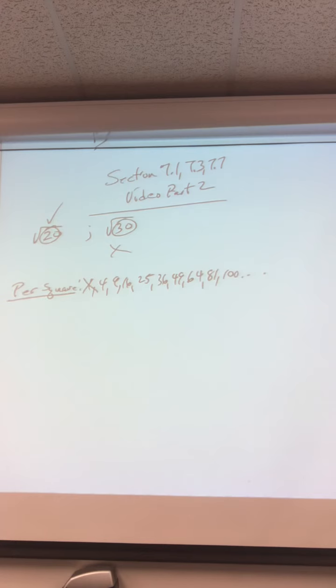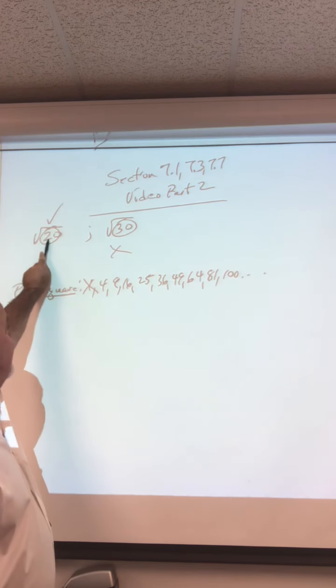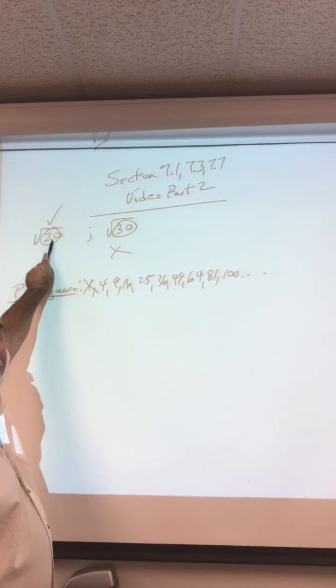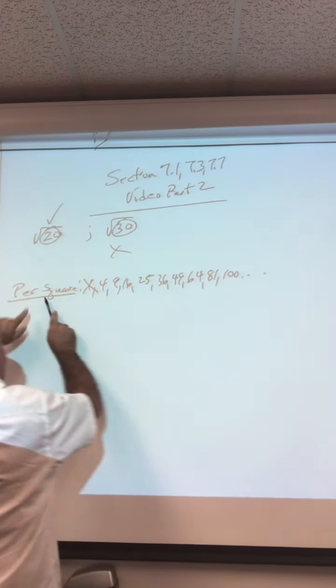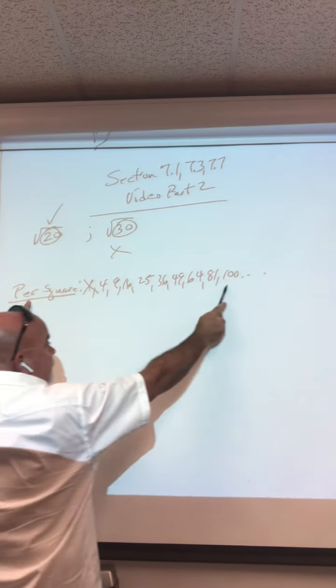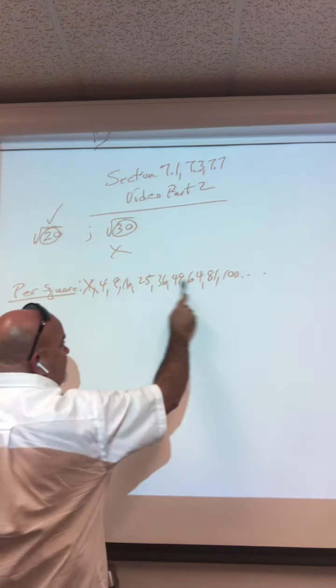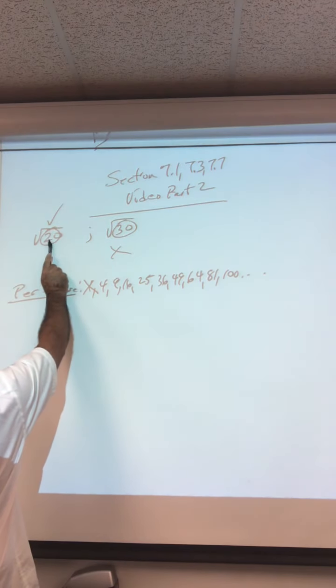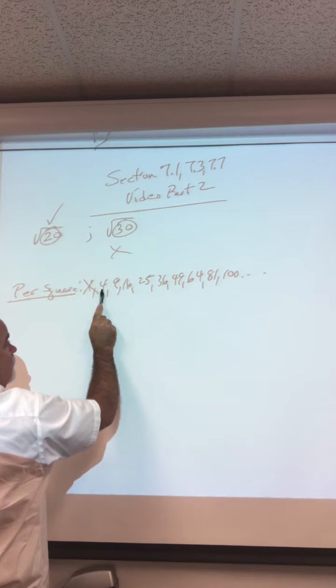All right, now let me go back to the note that I said. You can reduce a square root if its radicand is divisible by one of these numbers right here. But it has to be one of the perfect squares. Is there a number in this list that will divide evenly into 20? Yes, 4 will.